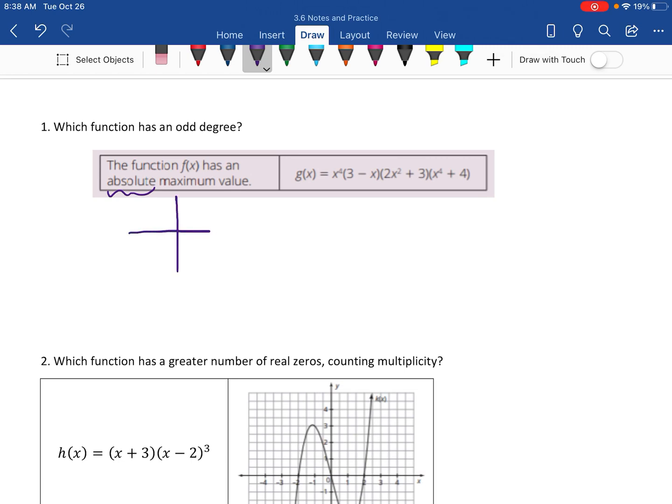So if I sketch this graph, it's going to be a quadratic with one maximum somewhere. If you remember the end behavior of this, the arrows are going in the same direction. So this means that it is an even degree.